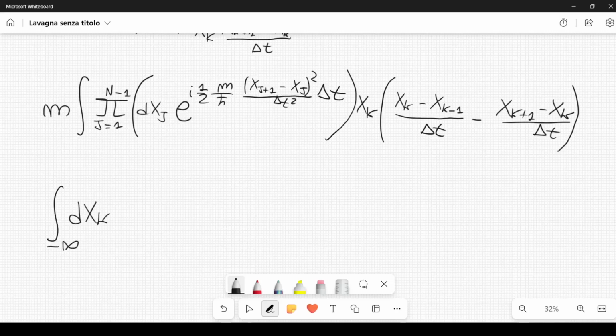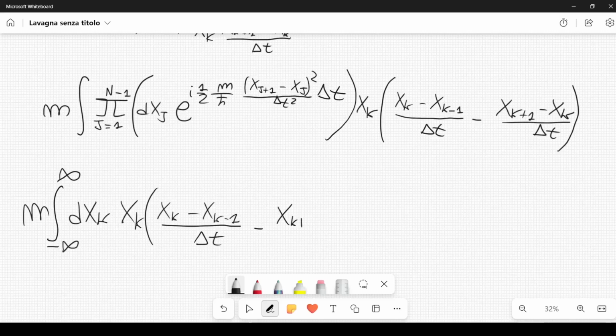And remember that we have to integrate from minus infinity to plus infinity to account for all the possibilities. So we still have the factor m that we can insert in this integral. Then we have x_k multiplied by x_k minus x_{k-1} divided by delta t minus x_{k+1} minus x_k divided by delta t.